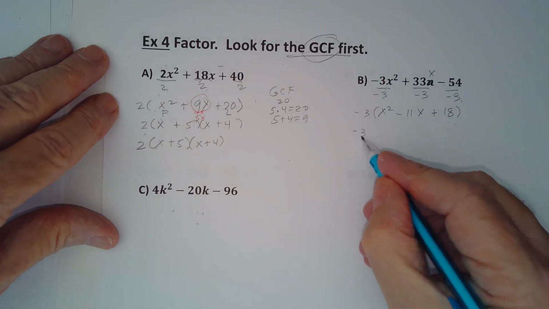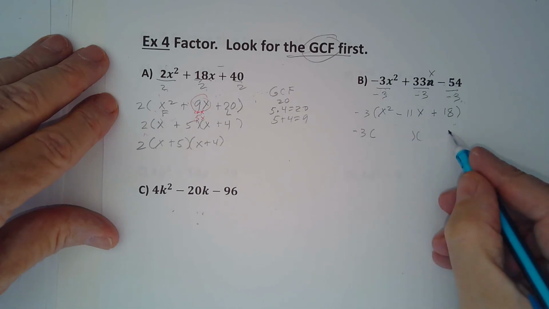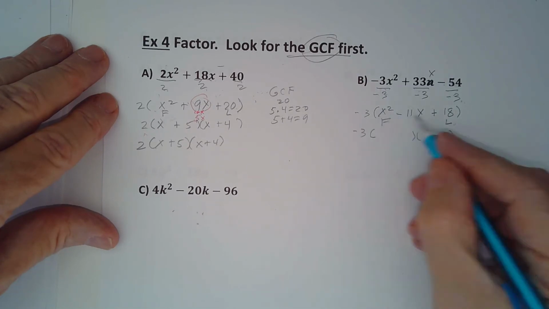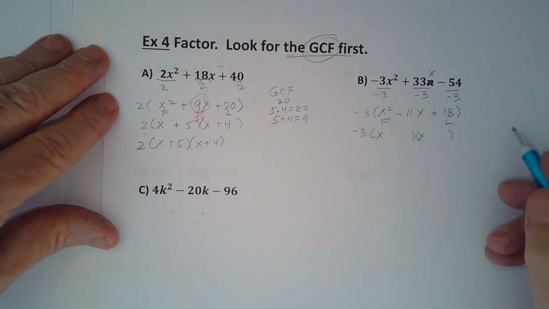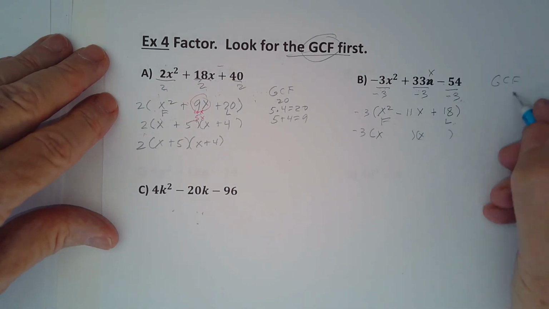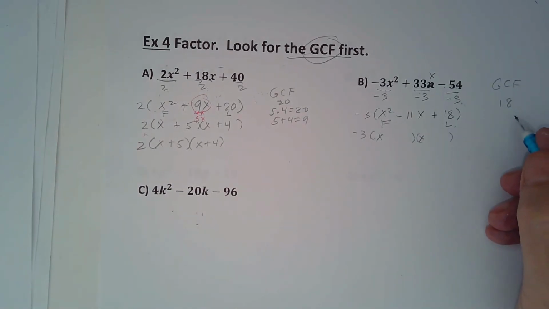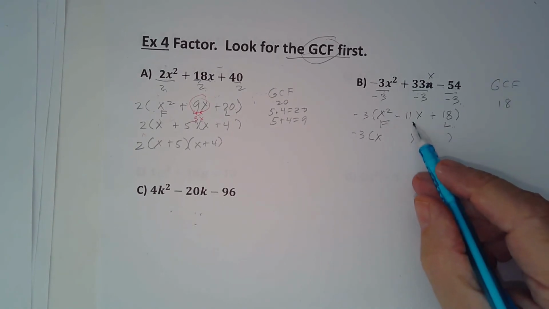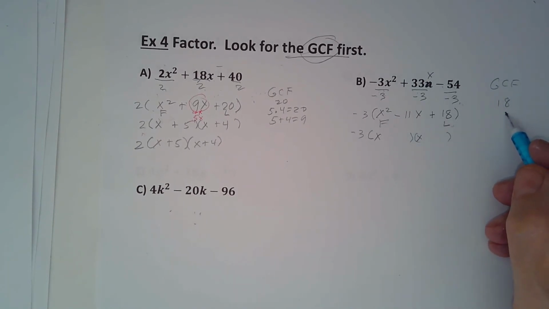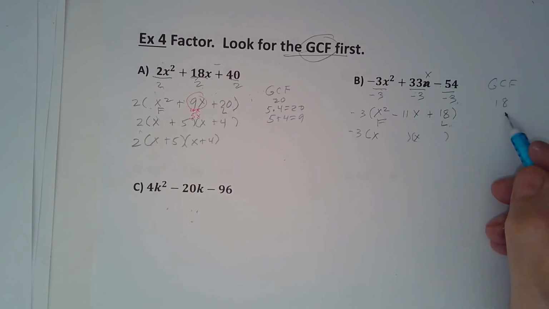So we've got negative 3, and we have first, and we have last. X times x is x squared. And so we need factors of 18 that, when added together, are negative 11. All right, so this looks like I'm going to have a negative number here. Let's see, I'm going to have factors where at least one or both are negative. 2 times 9 is 18, and 2 and 9 are 11.